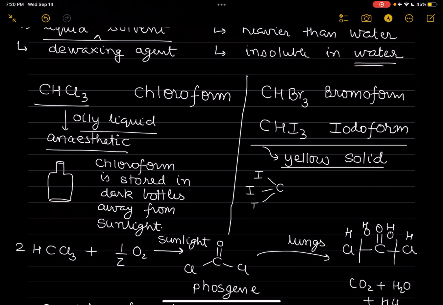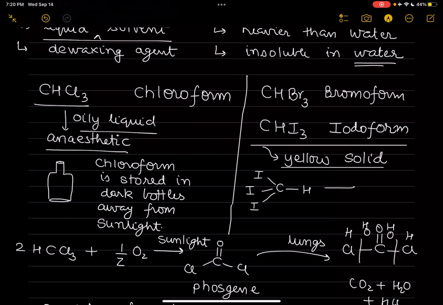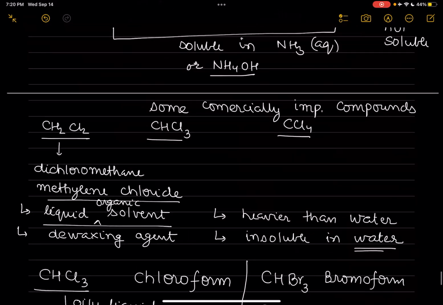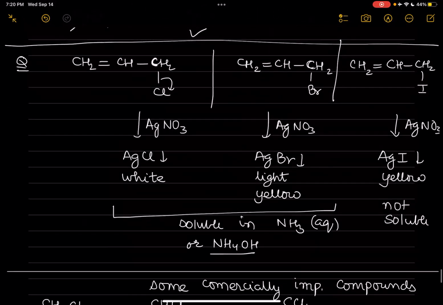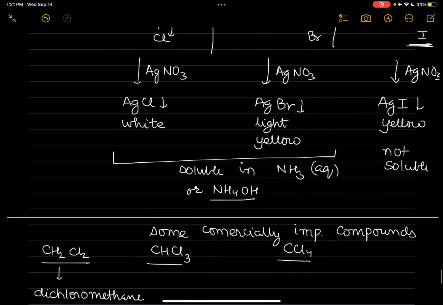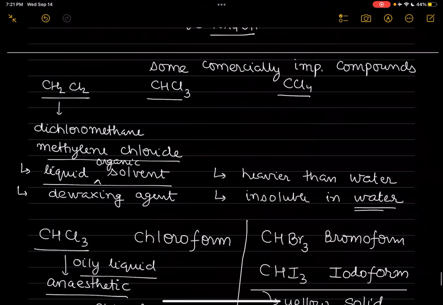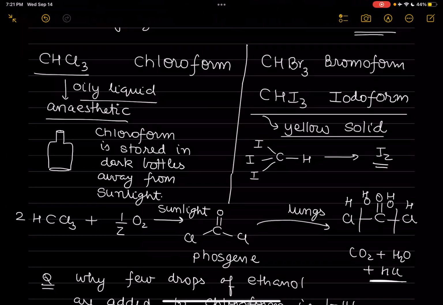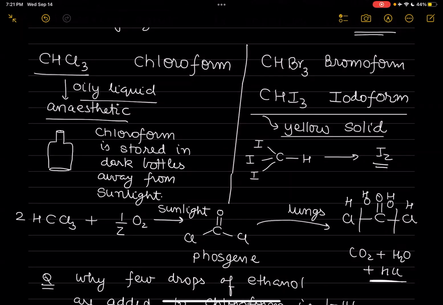Iodine is a very large atom, so it breaks and it gives I2. It also gives a yellow precipitate with AgNO3. If I- comes out, we get a yellow precipitate of AgI. That's the proof. So iodoform gives a yellow precipitate of AgI, and if you heat it, it breaks into I2.